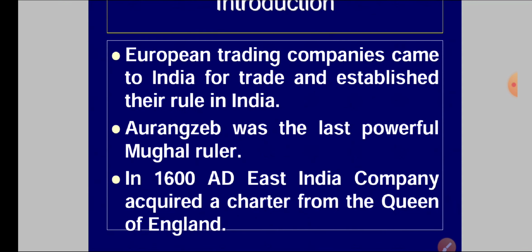As you all know that in 1707 AD, the last powerful Mughal emperor Aurangzeb died. After the death of Aurangzeb, many Mughal governors, subedars, big zamindars, declared their independence in different parts of the country.